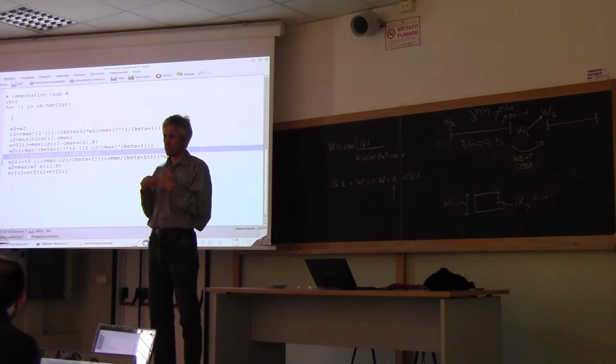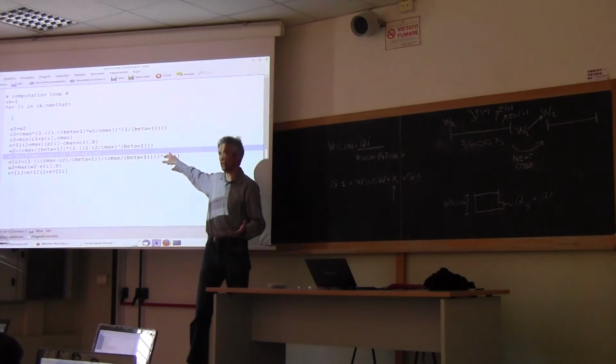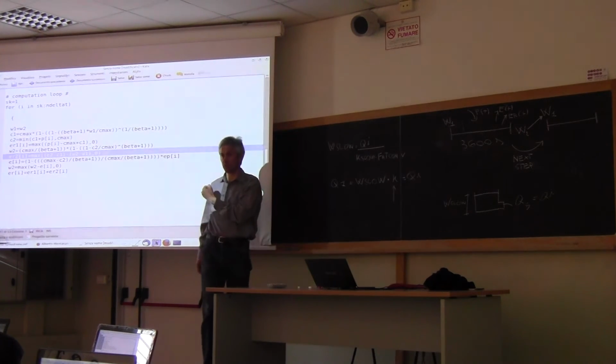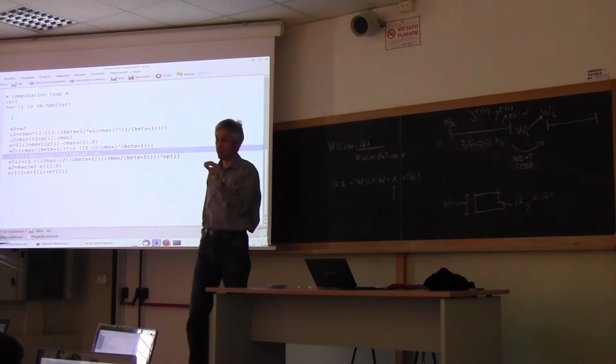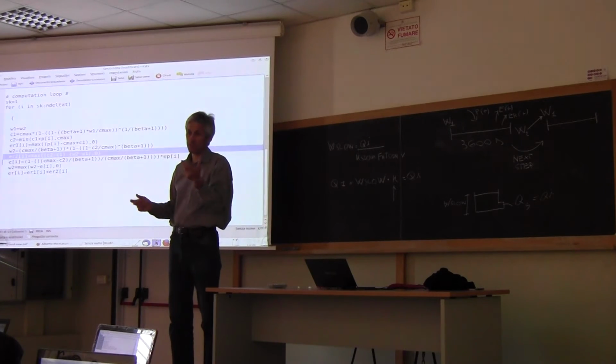EP is not previously defined, right? EP is like rainfall. It should be already in your memory as a vector. Because as I said before, you have to make sure that before running this program, you have the input variables already stored in R. And the input variables are rainfall, evapotranspiration, and observed discharge.